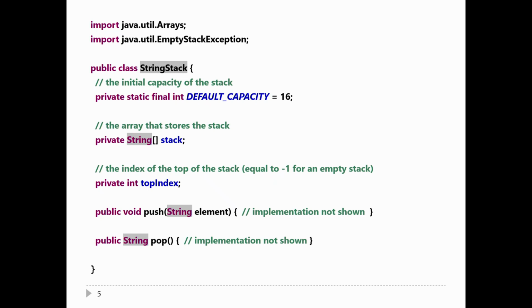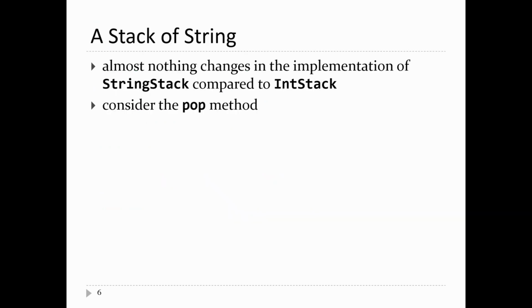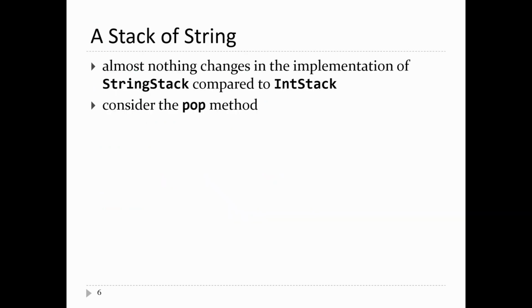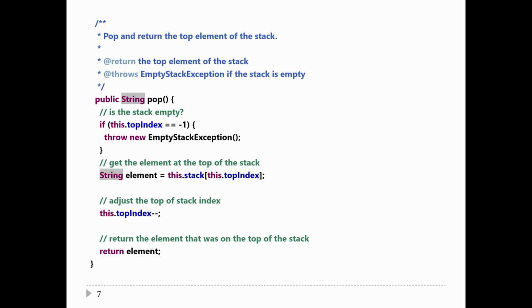So there's almost no change to the code. It's really just in the types that are related to the element type. You might say the methods didn't change much, but maybe the implementation changed. If you look at the implementation, again almost nothing changes.